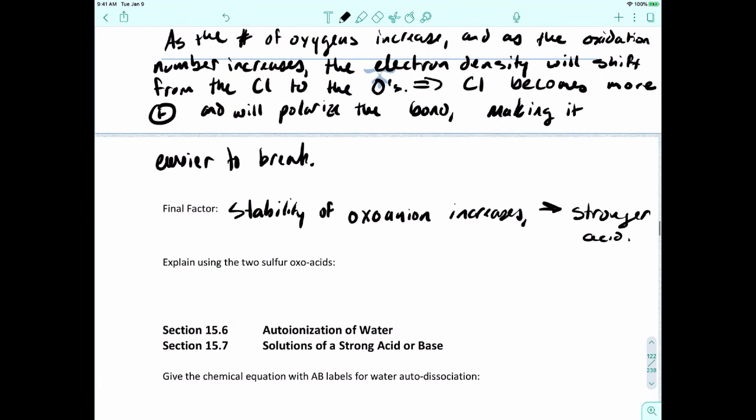And so if we're going to explain this using the two sulfur oxoacids, what we tend to see is that H2SO4 is a much stronger acid over H2SO3. So H2SO4 is a strong acid, H2SO3 is a weak acid. So keep in mind that as you increase the number of oxygens, the oxidation number on sulfur is increasing so that it becomes a much stronger acid. So that's why H2SO4 is a stronger acid over H2SO3.